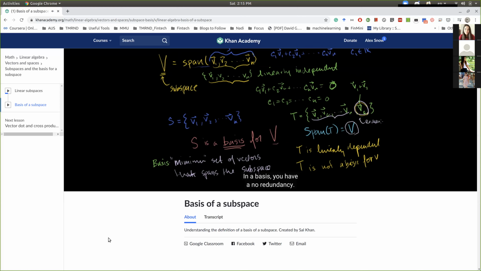In a basis, you have no redundancy. Each one of these guys is needed to be able to construct any of the vectors in the subspace V. Let me do some examples.